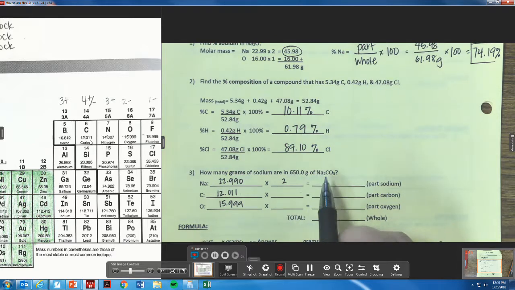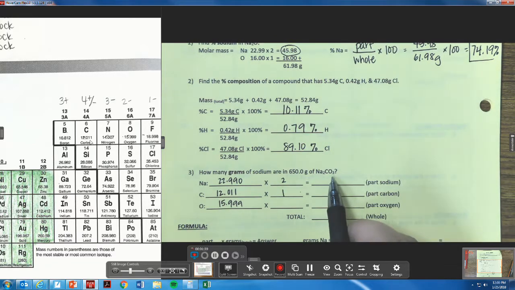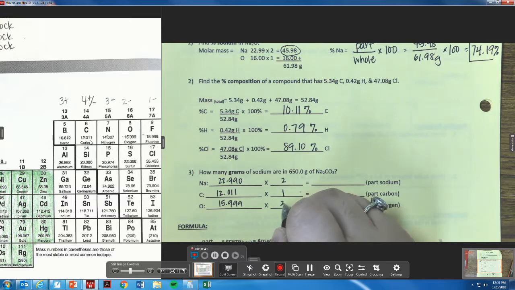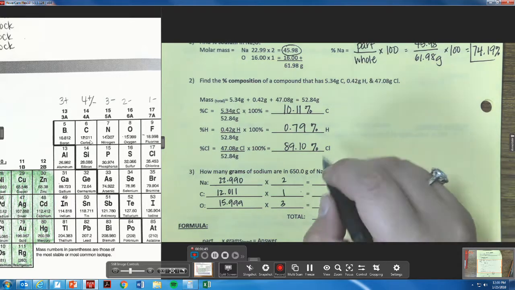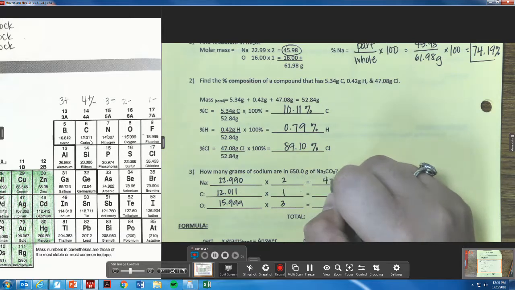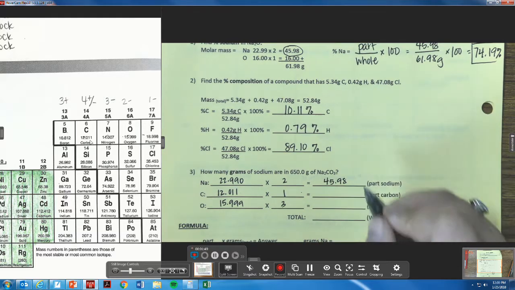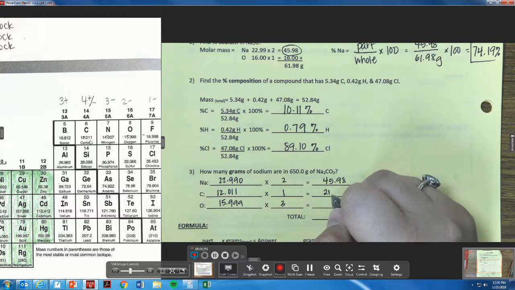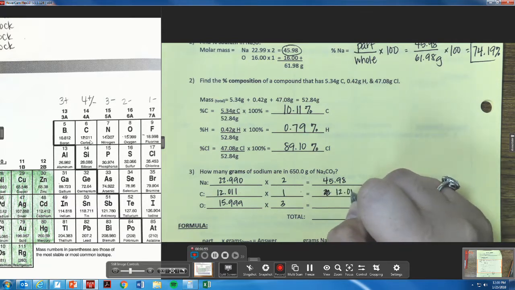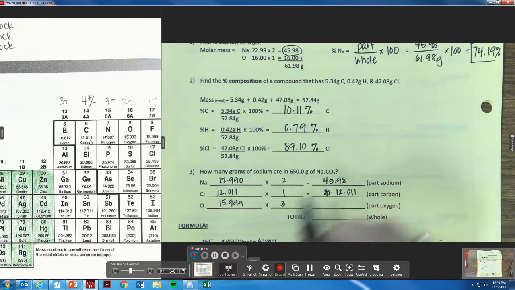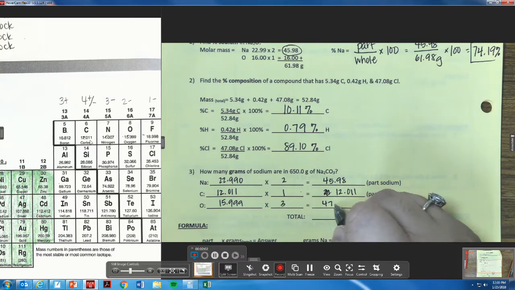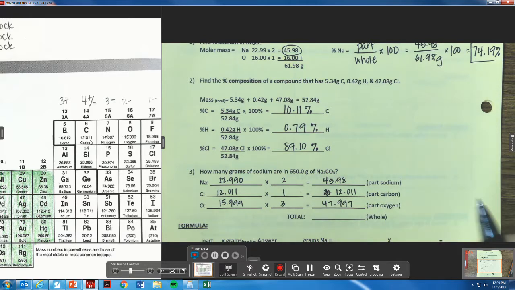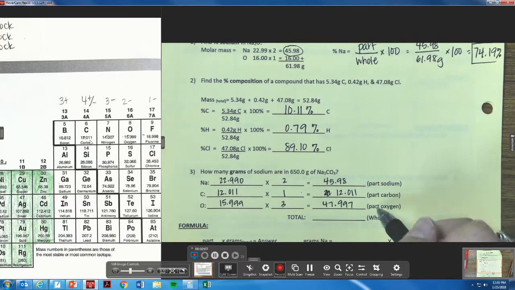We have 1 carbon and 3 oxygens. When you multiply all that up, you should get 45.98, then 12.011 for carbon, and 15.999 times 3 is 47.997. Those are all our parts.